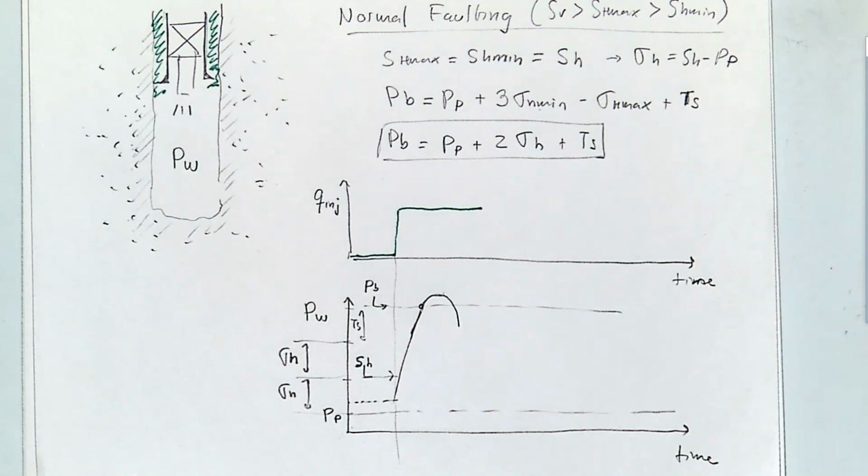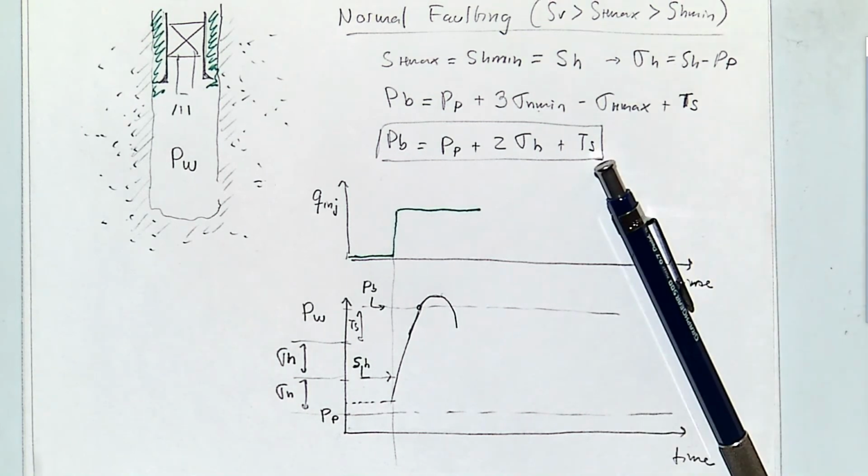But once the fracture opens up and you get a large fracture, it's going to be much easier for the drilling mud to flow. And because you're injecting at the same rate, the pressure is going to go down, because it doesn't need such a high pressure to flow into the fracture.